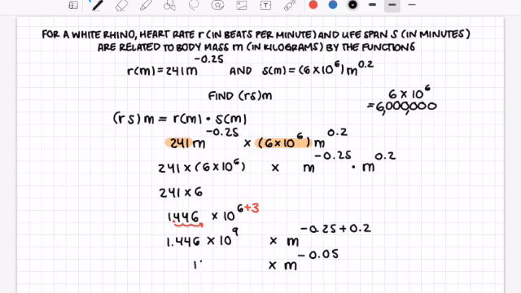And so that would be my final answer, where I have my scientific notation of 1.446 times 10 to the power of 9, multiplying with M to the power of negative 0.05. So hopefully this helped. Good luck.